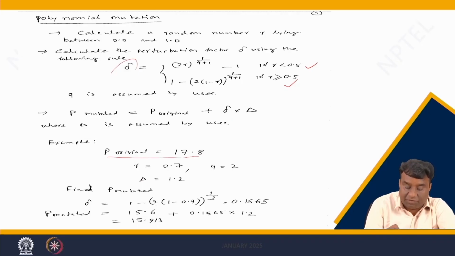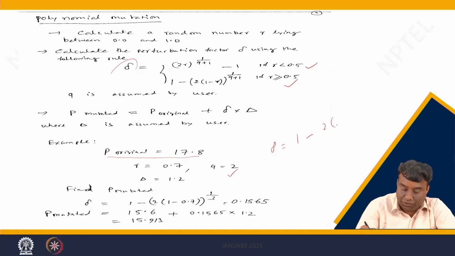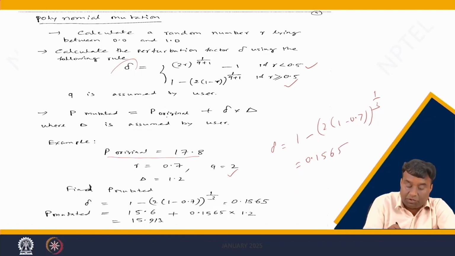So here P original is 17.8, R is 0.7. We need to use this formula. Here Q is 2. So delta will be, by this formula, 1 minus 2 into (1 minus R), that is 0.7, to the power 1 by 3. So we get this number as 0.1565. Now P mutated equals P original plus small delta into capital delta, which is 1.2.